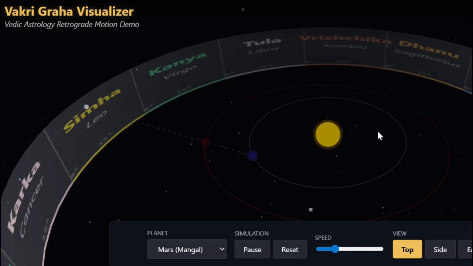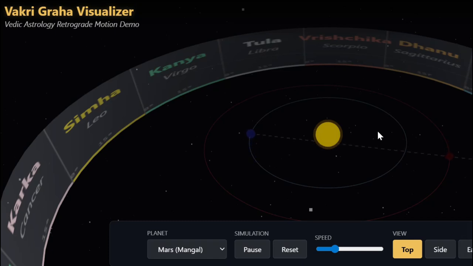With reference to Sun, the center of the solar system, it is always moving clockwise, but from Earth it appears to move backward for some time. This backward motion is known as retrograde motion.